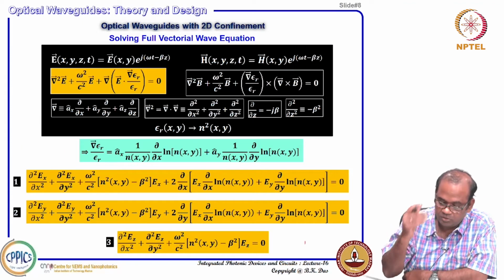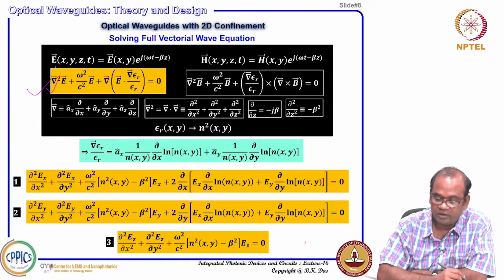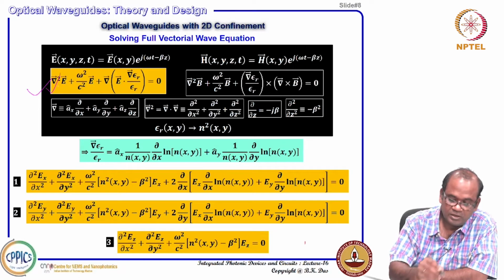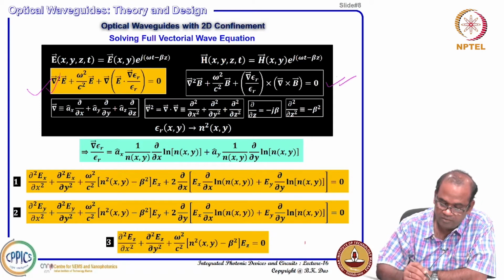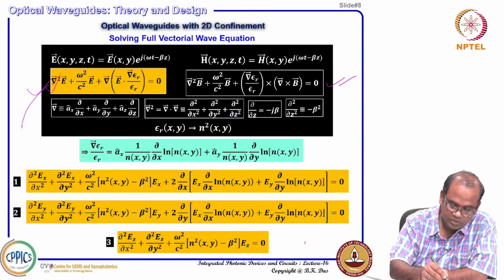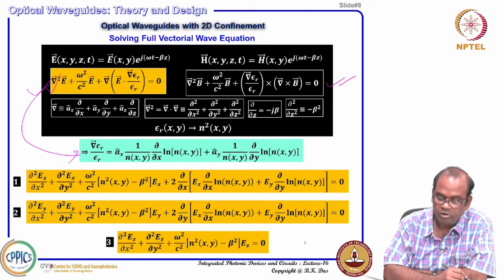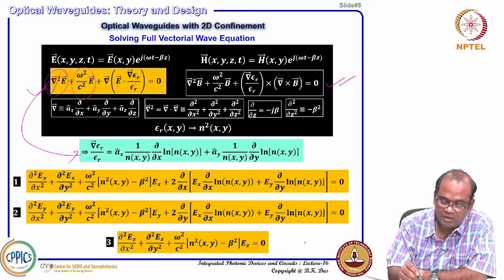So, I have repeated here, I concentrate only on this equation, the vector equation for the electric field, del square E, and the one here for the magnetic field I will consider later. If we insert delta epsilon r there, the left hand side is a vector, the second term is also a vector, and E dot delta is a dot product of two vectors, which is a scalar.